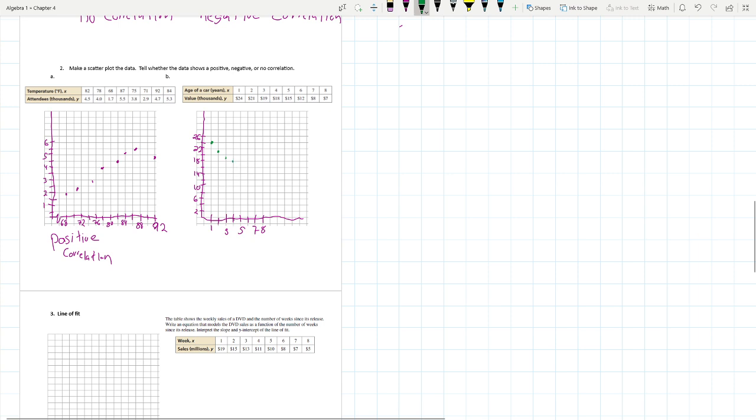But graph them all out because you never know what's going to happen. 5 is at 15. 6 is at 12. 7 is at 8. And 8 is at 7. Now from here I can say, oh, yep, definitely a negative correlation.